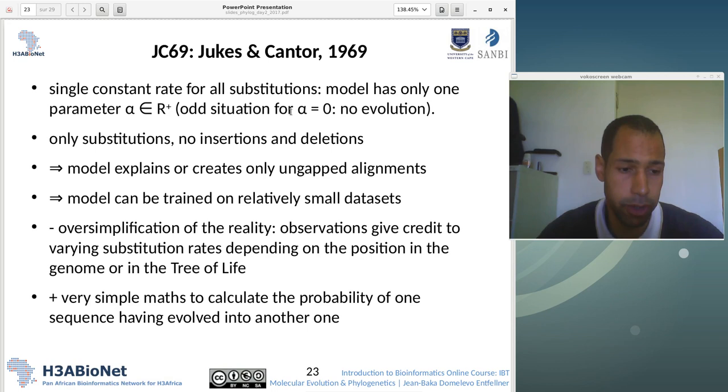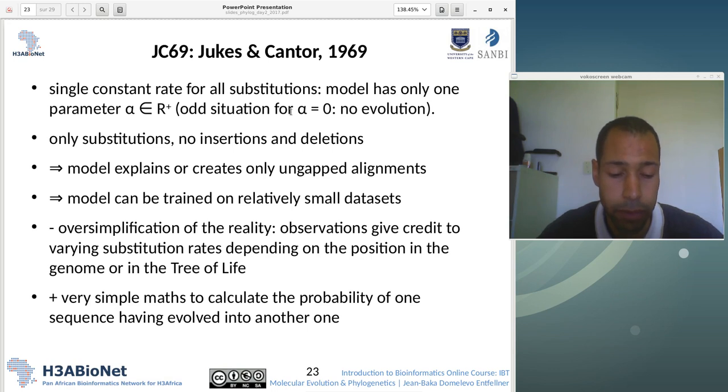This is obviously an oversimplification of reality. Observations give credit to varying substitution rates depending on the position in the genome or in the tree of life. So it wouldn't be really sound to build a huge phylogeny just with JC69 on many taxa belonging to different kingdoms, for instance.